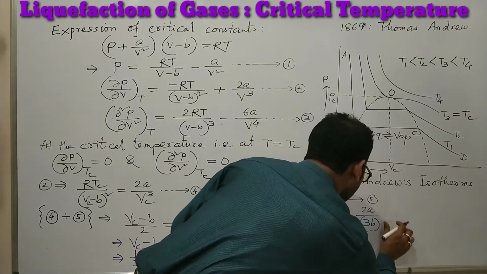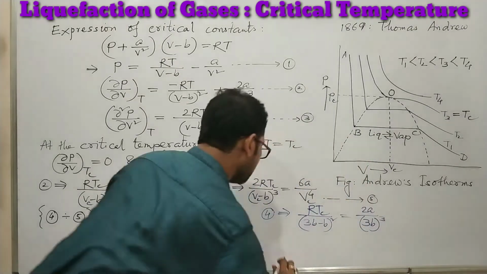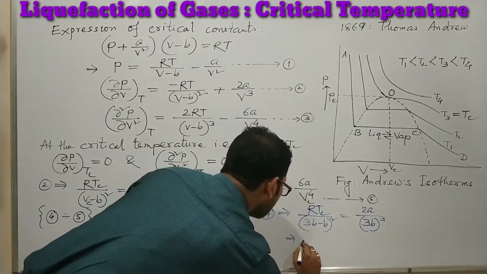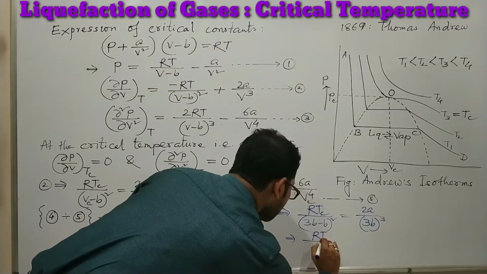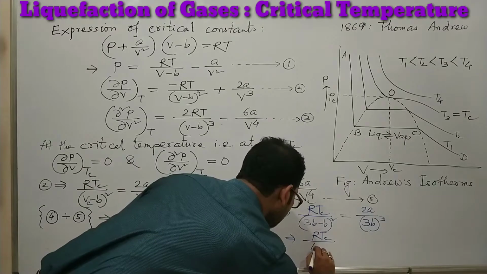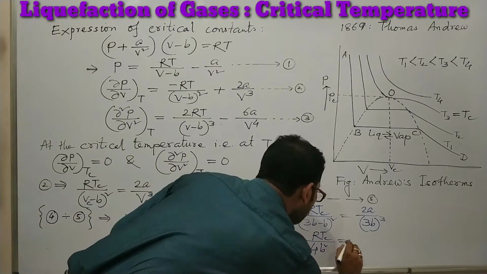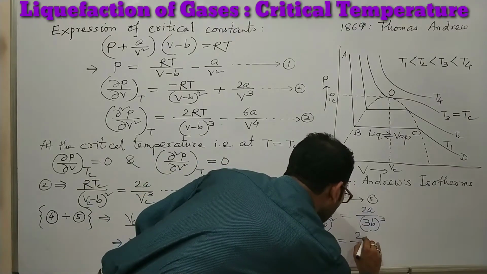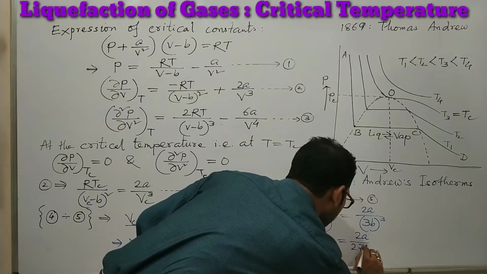This gives us RTc by, this is (2B) whole square, this is 4B square, equal to 2A by 27B cube.